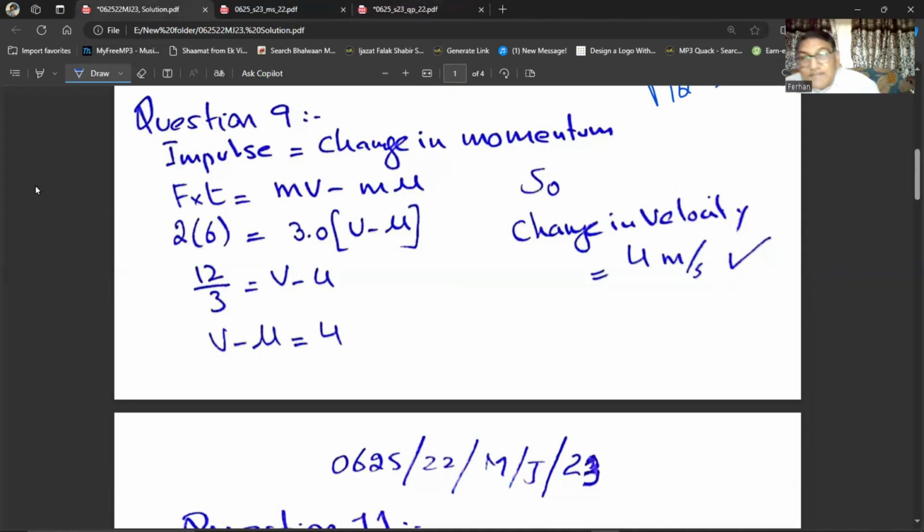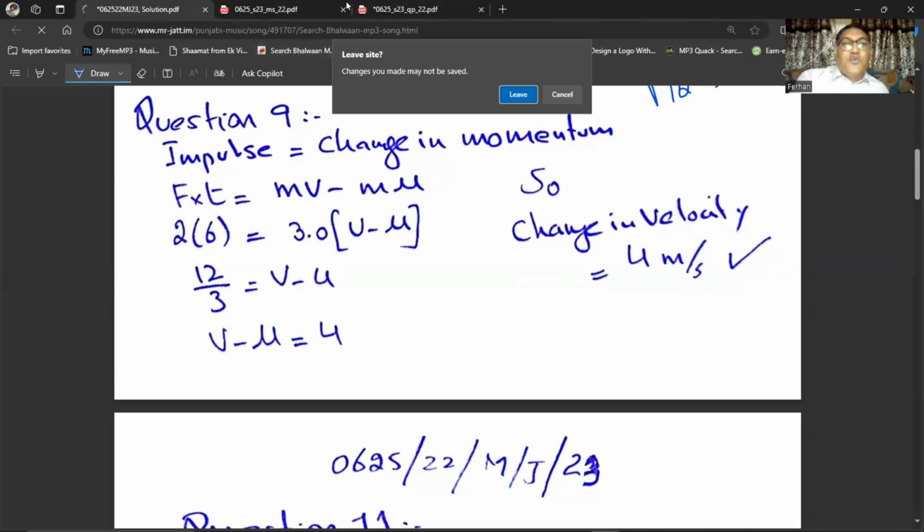And we can take the mass common, so that is 3 kg mass. And in the bracket, you are left with v minus u, that is the change in the velocity. So 12 divided by 3 is equal to v minus u. So v minus u will be equal to 4. So the change in the velocity is 4 meters per second. This is how we used force, time, and mass to find the change in the velocity. So 4 is the answer, sir.